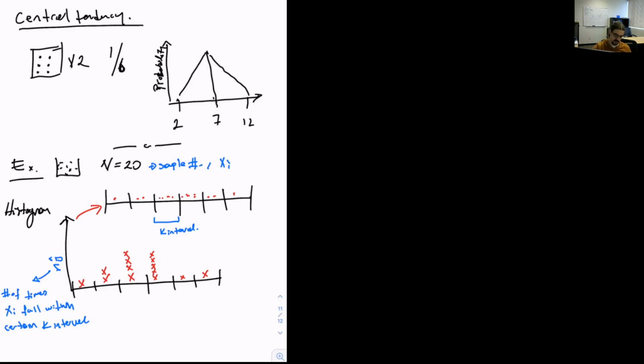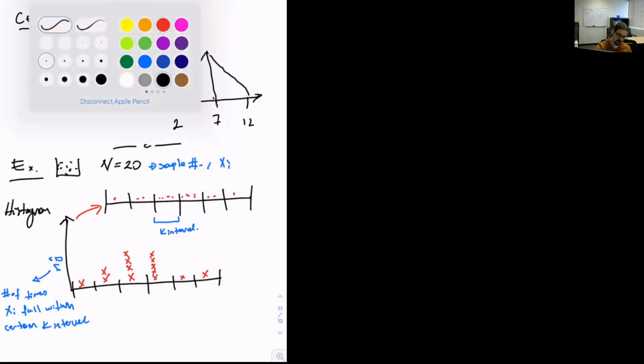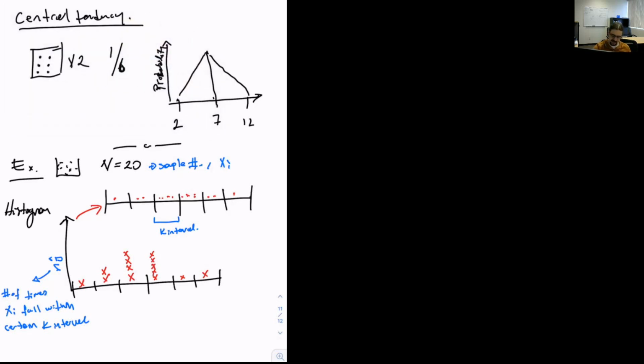Okay? So there are certain rules that we can use to determine how many intervals. How do you decide how many k intervals you have? A good estimation for the k intervals is the Bin-Pearson estimation.